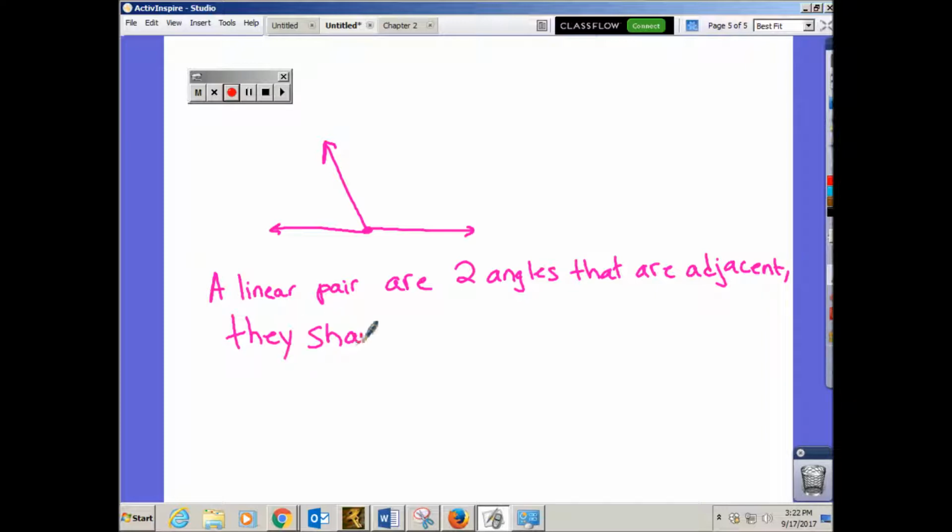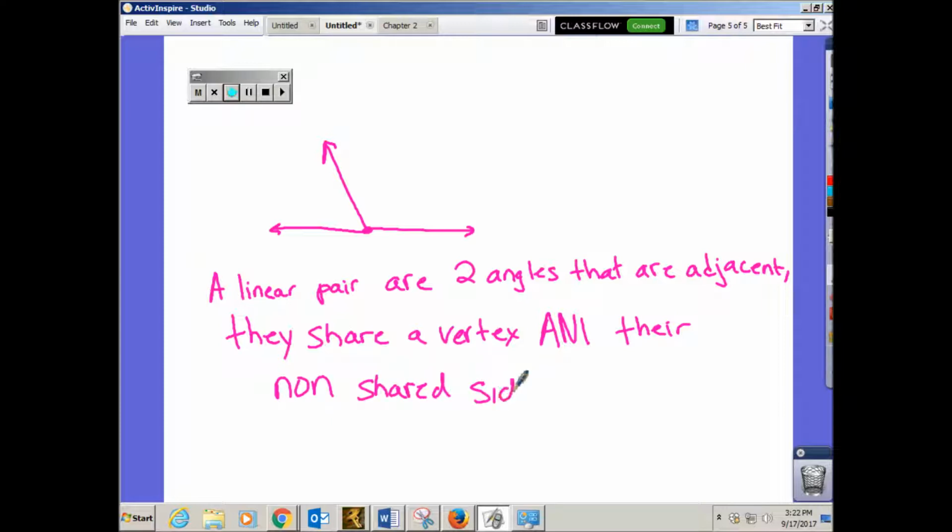They share a vertex, and their non-shared sides make a straight line.